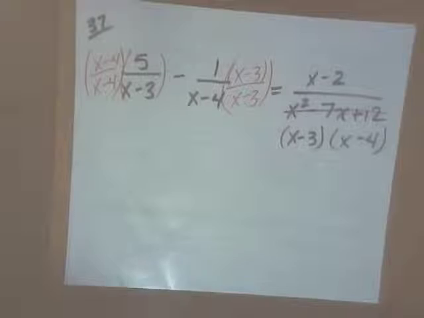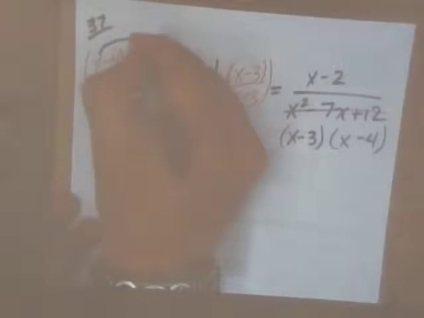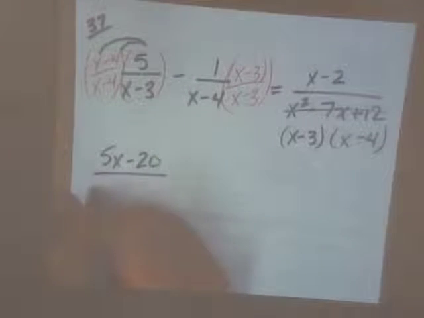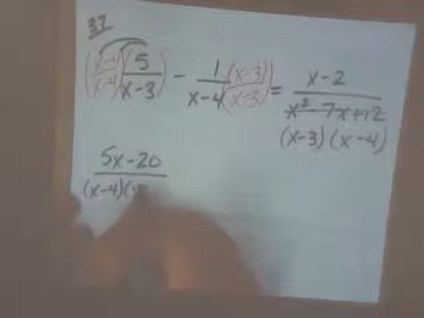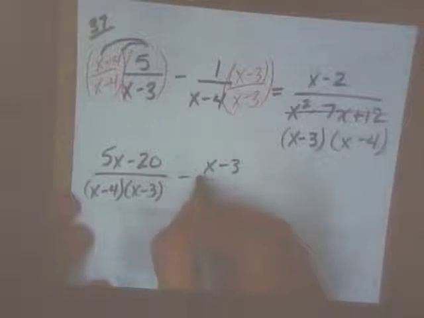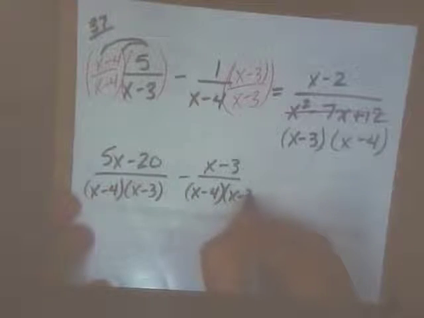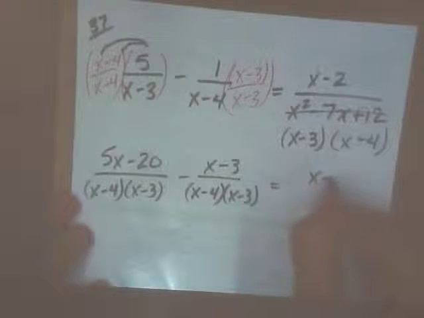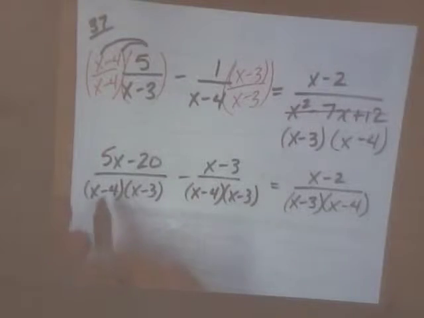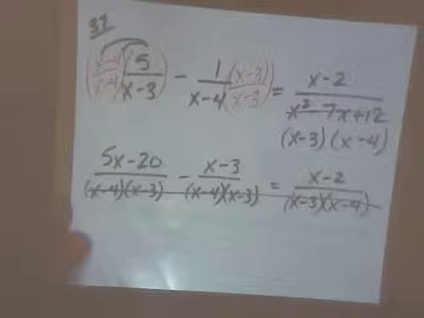Alright, so I'll have, don't forget to distribute, 5x minus 20 over x minus 4, x minus 3, minus x minus 3 over x minus 4, x minus 3 equals x minus 2 over x minus 3 and x minus 4. So if I multiply everything by my common denominator, they'll cancel out.